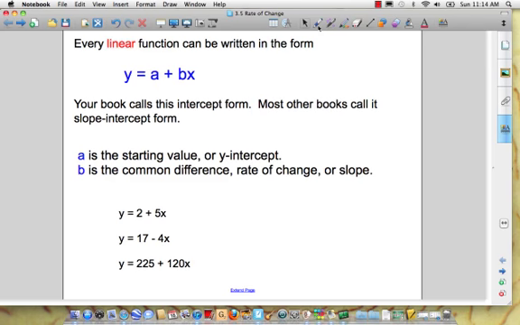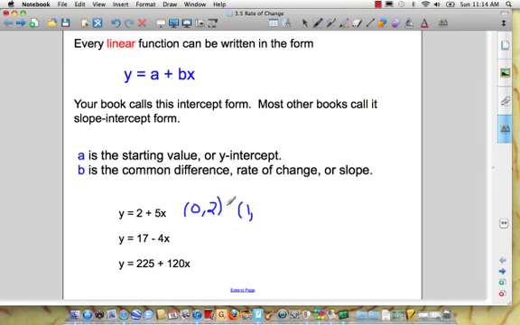y equals 2 plus 5x. I know that's a linear function because it's in a plus bx form. And in fact, I know that the starting number, when x is 0, it's 2. That's what this 2 right here tells me. I also know that as I go up 1 for x, the y value is going to go up by 5.